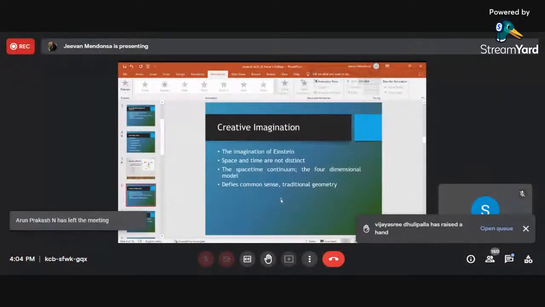So having that creative imagination is very important, and even just the desire of being creative is important in research. Otherwise, we might just follow the current, just do what is expected of us. And then, therefore, there will be no true research.